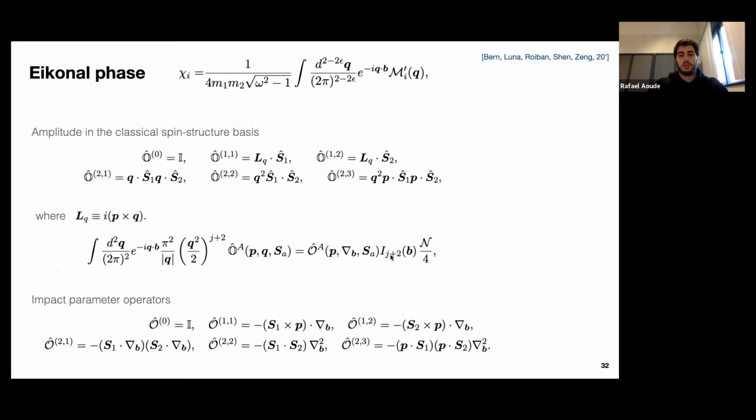So it is I j plus 2 with some normalization. So in the impact parameter space, you can write the operators in the impact parameter. So we call them the impact parameter operators. They are similar to the upper ones, but now the Q becomes a derivative with respect to the impact parameter.